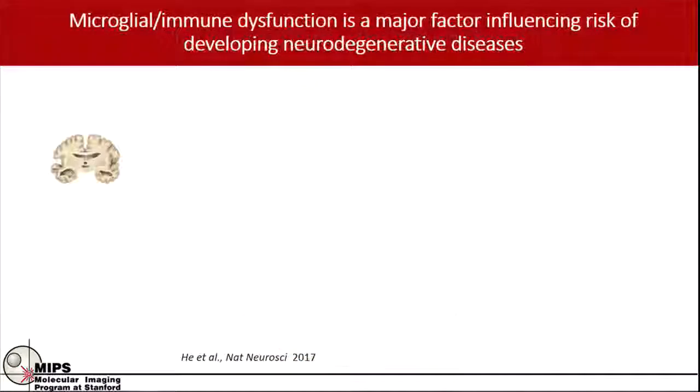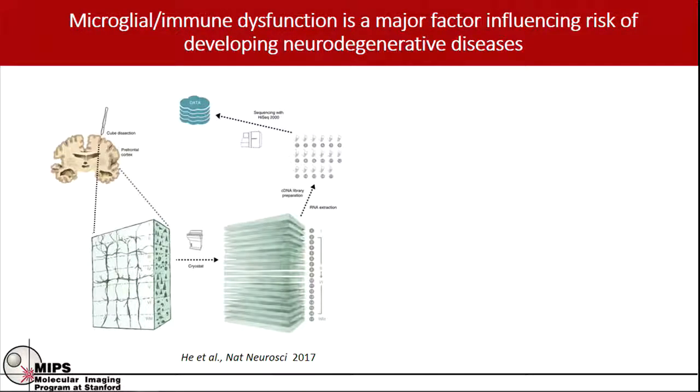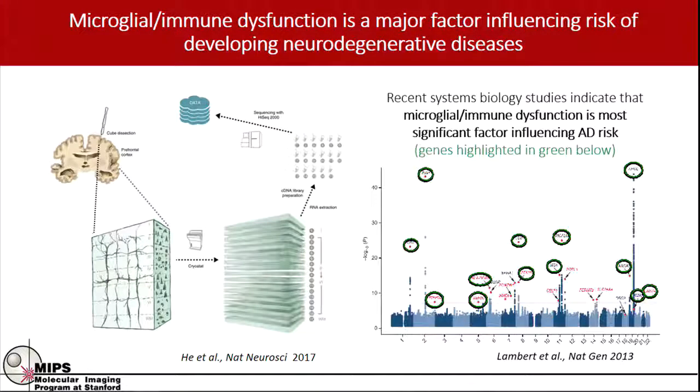And what's interesting is that over the years there's been quite a lot of developments and advances in high throughput genotyping and sequencing technologies, and we now have at our fingertips an abundance of transcriptomic and GWAS data, especially in the Alzheimer's world.